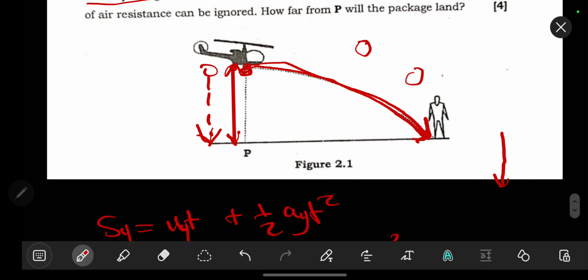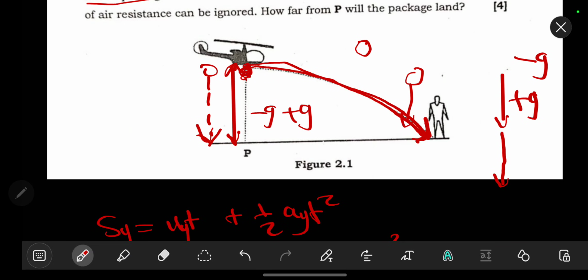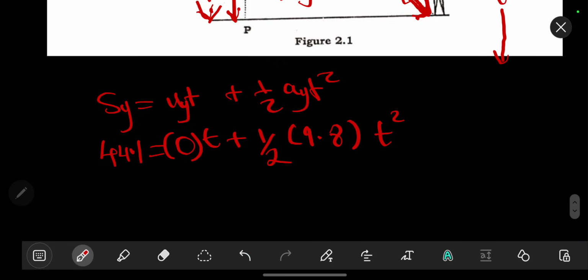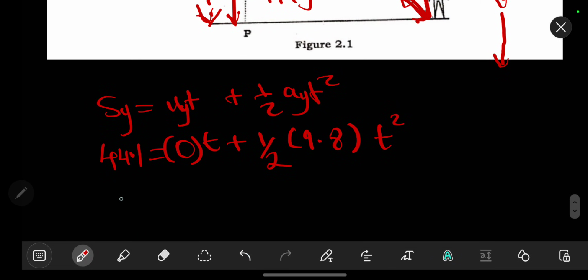When it is released, it immediately starts to go down, meaning the gravity is considered to be positive. So whatever is going down, we take to be positive. That means even the distance below it shall be positive. If you take the gravity to be negative, even the distance below shall be a negative h. So we are going to consider the positive 44.1 like that.